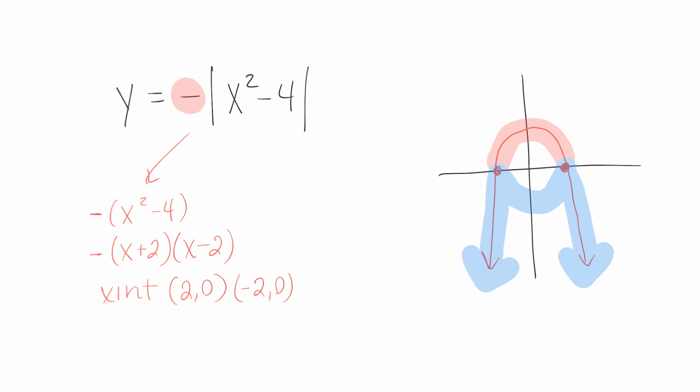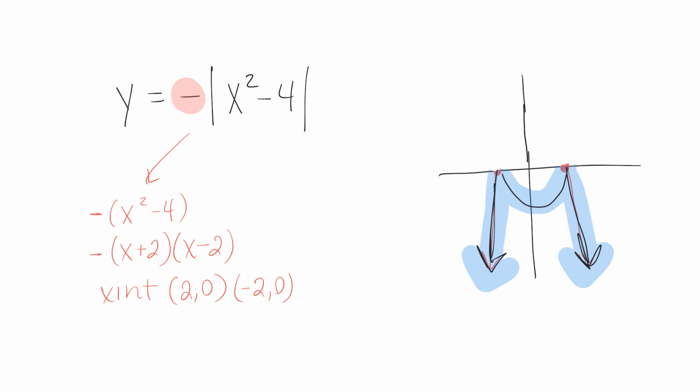So this red piece doesn't really exist. I'm just using that as a helper to help me figure things out and be a little quicker about it, right? But it's not actually part of the graph. The final graph is just this bottom piece, okay?